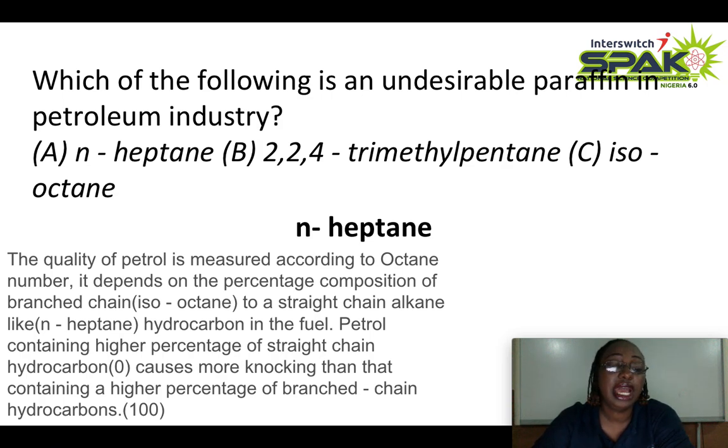Petrol containing a higher percentage of straight chain hydrocarbons like N-heptane has a rating close to 0. They cause more knocking than that containing a higher percentage of branch chain hydrocarbons, which is close to 100.